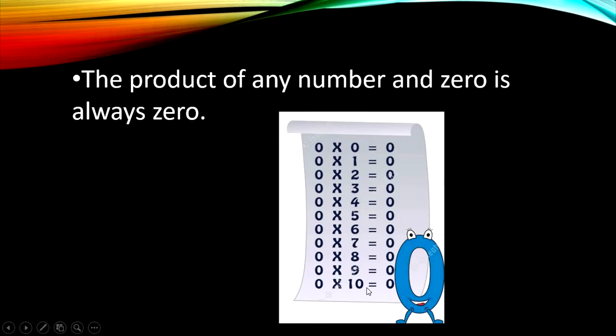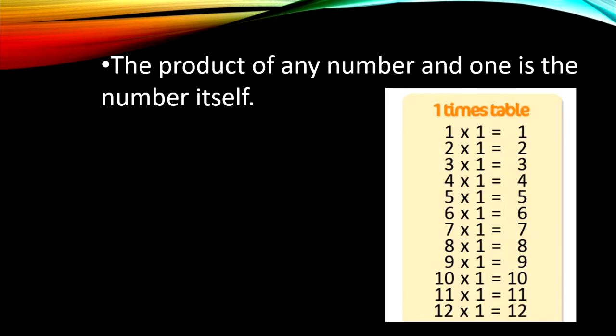You see, the product of any number and 0 is always 0. Don't forget that. Another point is the product of any number and 1 is the number itself.